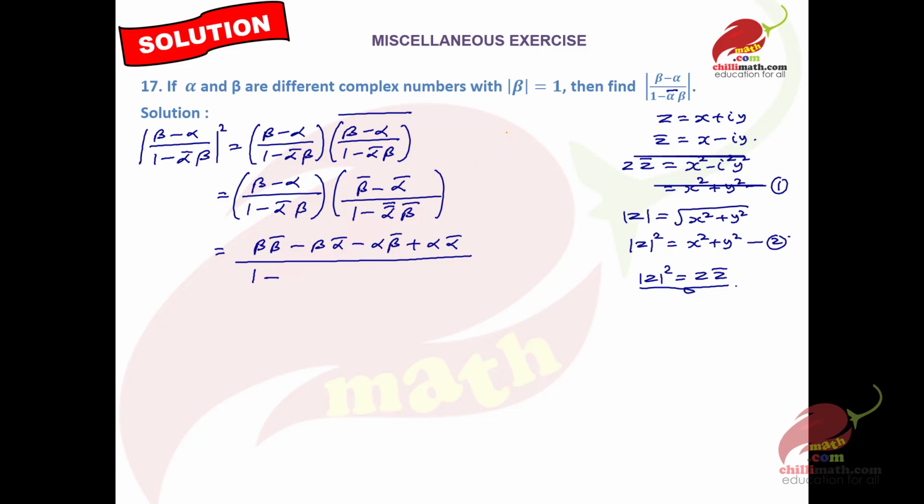Actually alpha conjugate conjugate is equal to alpha, because we know z conjugate of conjugate is z. So treat this as alpha. So 1 into alpha into beta conjugate minus alpha conjugate into beta, minus minus plus alpha conjugate into alpha, beta into beta conjugate.